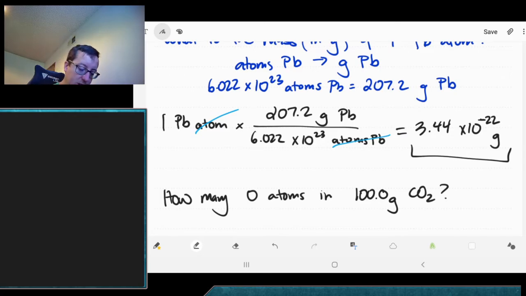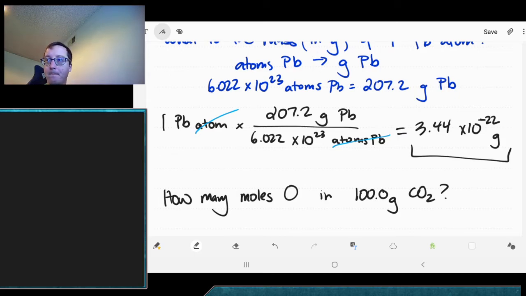Let me change this question because we've been doing a lot of grams to atoms. I want to do something different. Moles of oxygen atoms. So how many moles of oxygen in 100 grams of CO2?